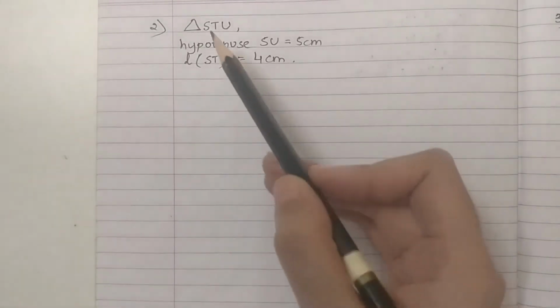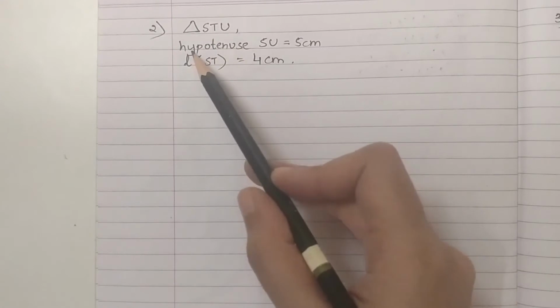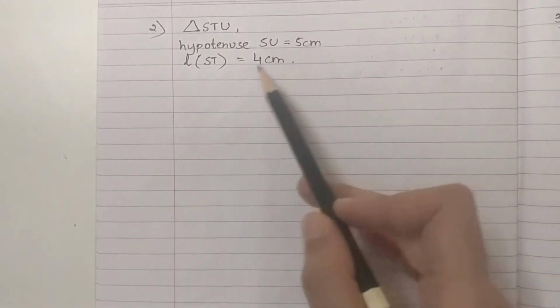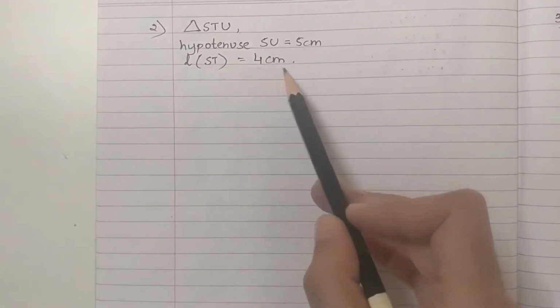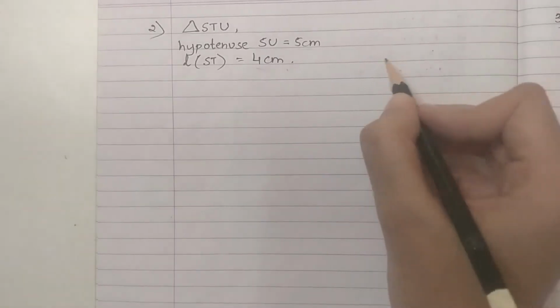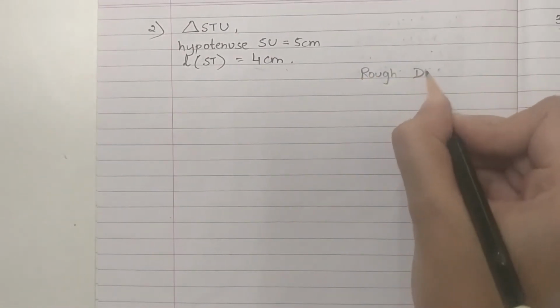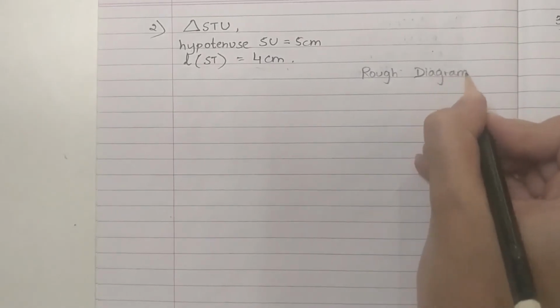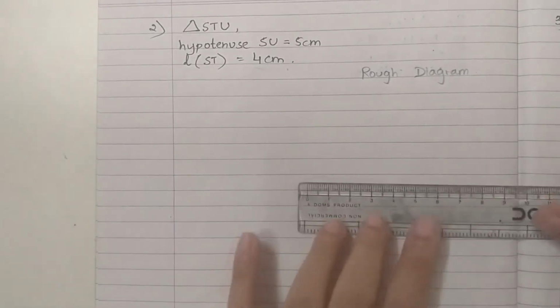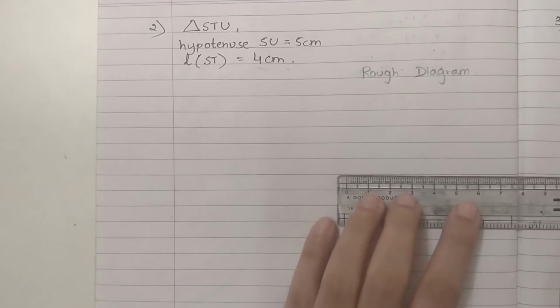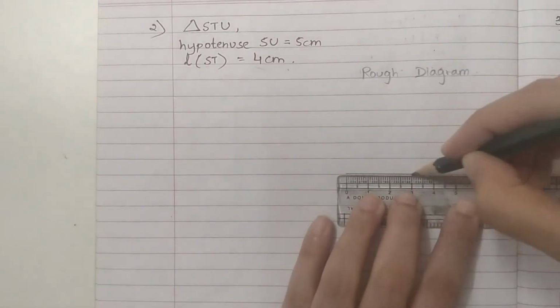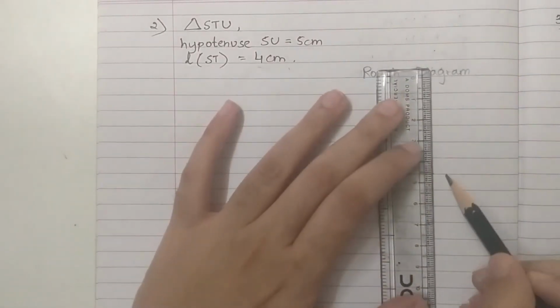Second question: in the right angle triangle STU, hypotenuse SU is 5 centimeters and length ST is equal to 4 centimeters. So once again, we will start with a rough diagram. While drawing it, as we know that this exercise is about right angle triangle, I am going to draw a right angle.